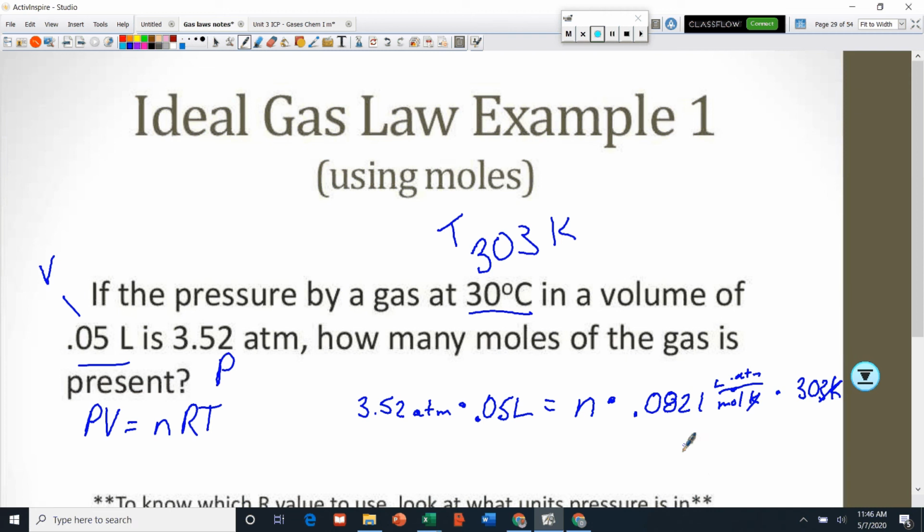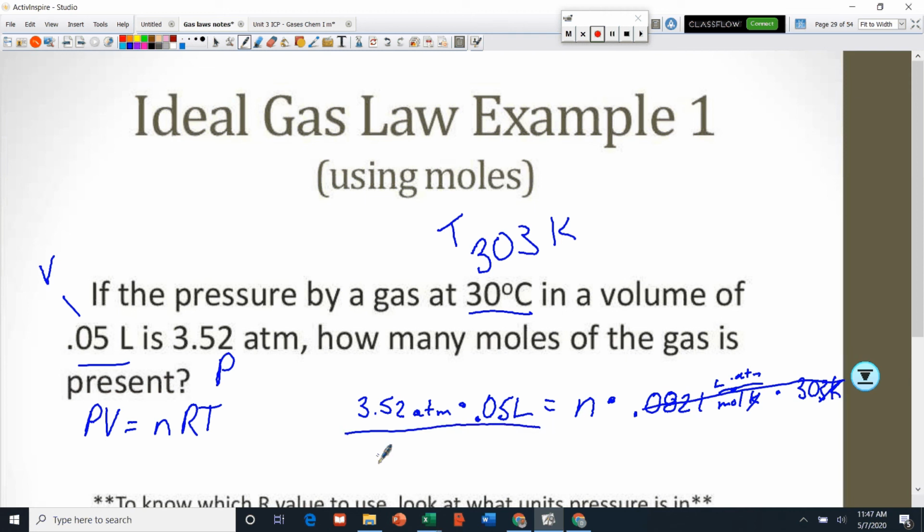We're trying to get n by itself. So first thing that I'm going to do is 0.0821 times 303, and that gives me 24.88. So that gets rid of that on that side.